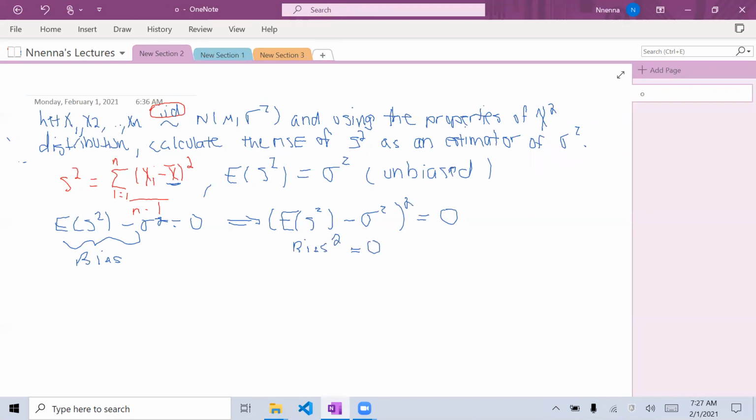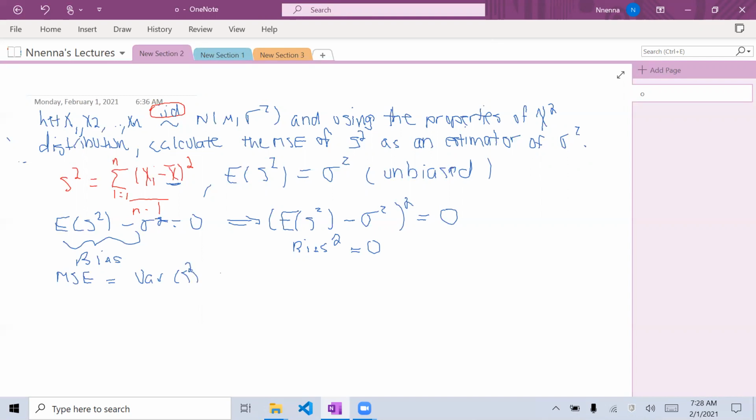So let's imagine what can happen if we look at the variance. This is where he says, use the properties of the chi-square distribution to calculate the variance. Right now we know that the MSE is going to be equal to the variance of S squared, because we know the bias is 0.